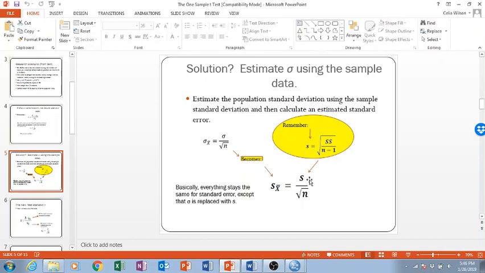So what we'll do there is use the standard deviation of our sample, and I just put a little note up here to remember back from earlier in the semester when we were calculating standard deviation. We took the sum of squares, and then we divided by the sample size minus 1. All right, so that's the standard deviation. And we're still going to divide by the square root of our sample size, and that will give us our denominator, or our estimated standard error, since again, we're not able to calculate the standard error of the population.